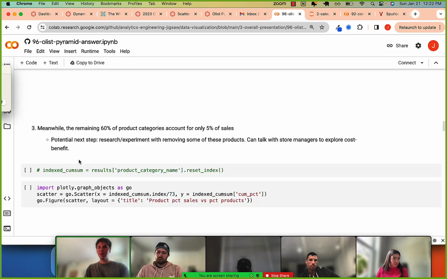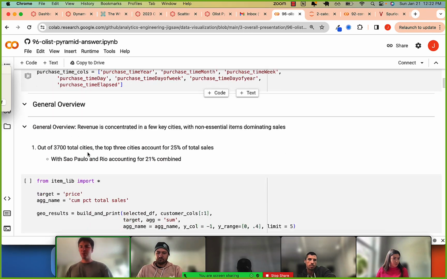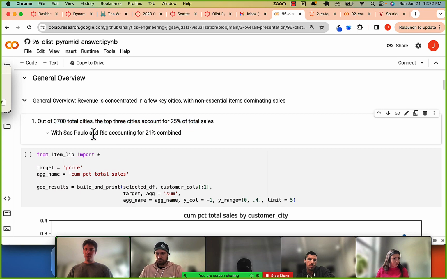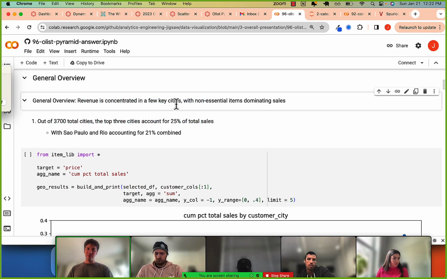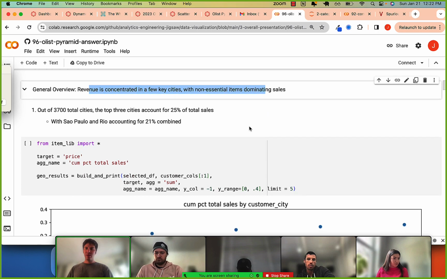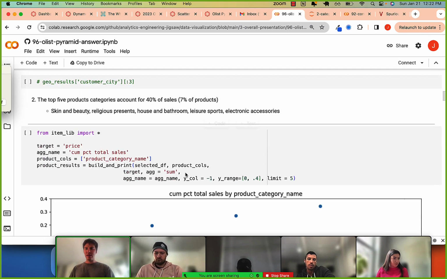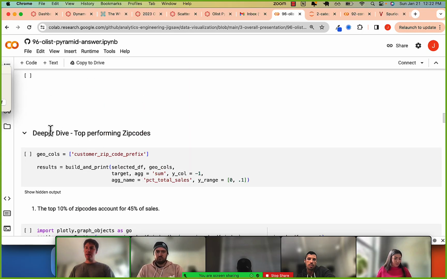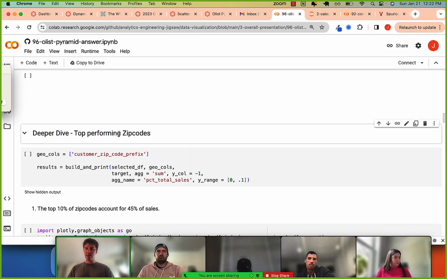The main thing, though, is I follow the principle of start broad and go narrow. Revenue concentrated in a few cities, these are the few items. This tells you the whole structure, giving you an overview as to where the sales are breaking down, and then doing a next section of, hey, this is interesting about our top performing zip codes.